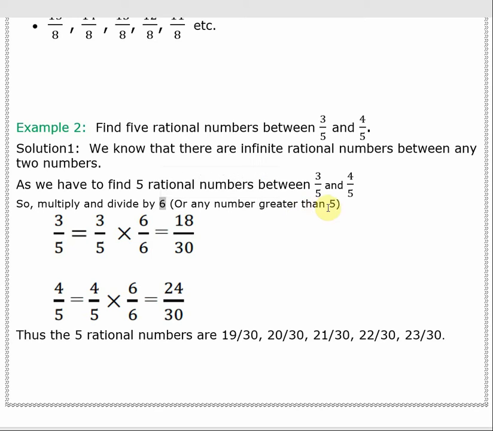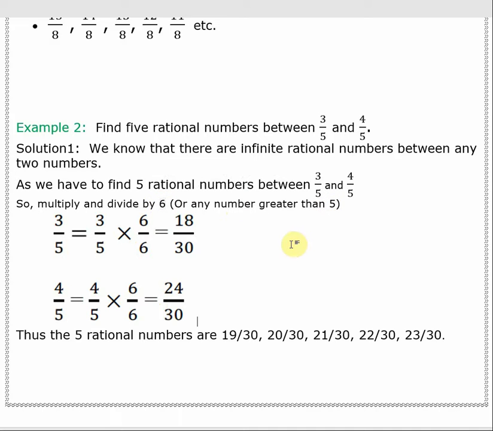Now 6 is just 1 greater than 5. That means we cannot multiply with 4 by 4, we cannot multiply with 3 by 3, we cannot multiply with 2 by 2. We have to multiply with something which is greater than 5. So 6 is the immediate greater than 5.